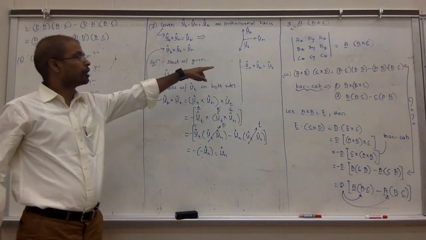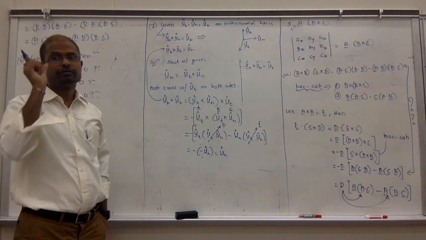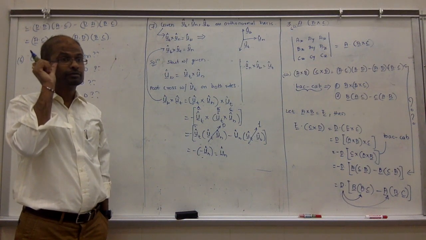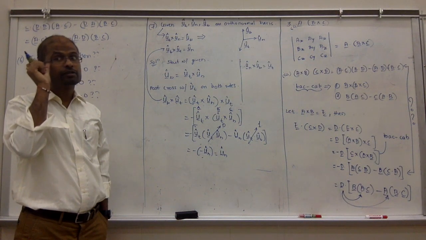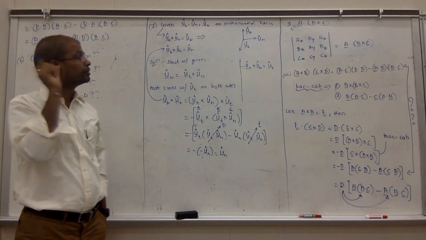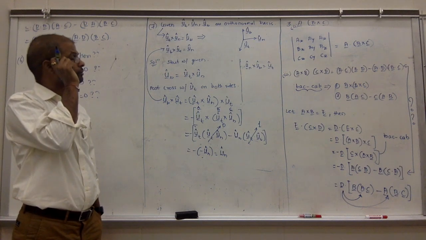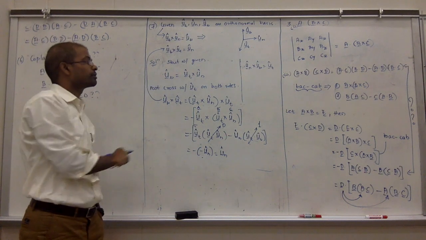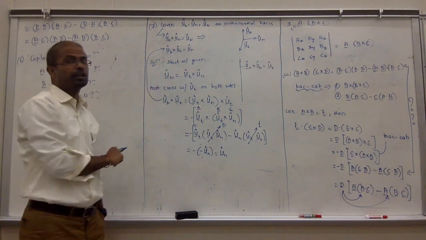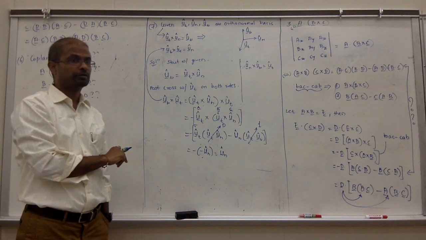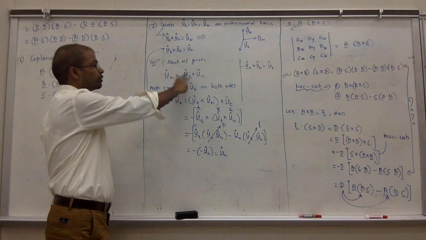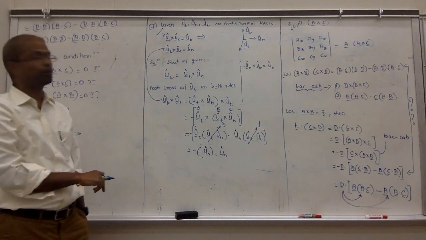So how do you get there? Cross with UN on both sides, and you're going to get the right hand side and the left hand side. All you have to do is prove this is equal to UT.